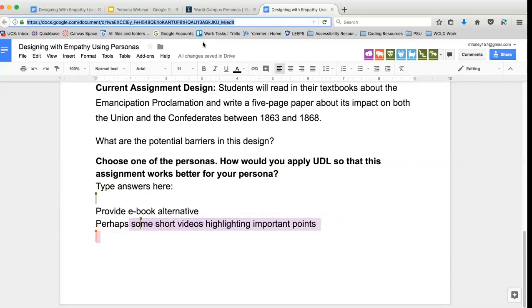Okay, so you're thinking about providing resources in different formats so that students aren't necessarily just reading a textbook. They might be able to read an ebook instead or watch videos. So that's a good application of what we just talked about.